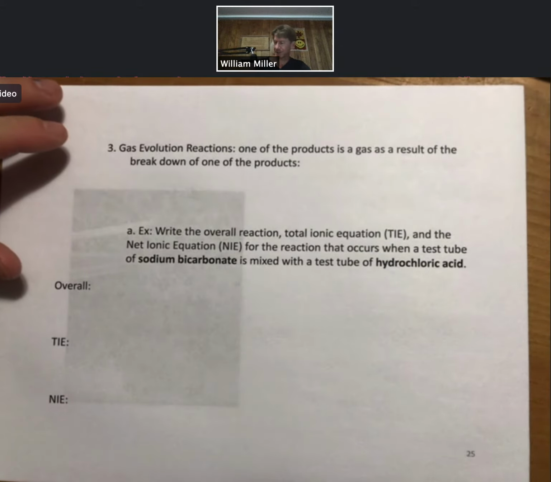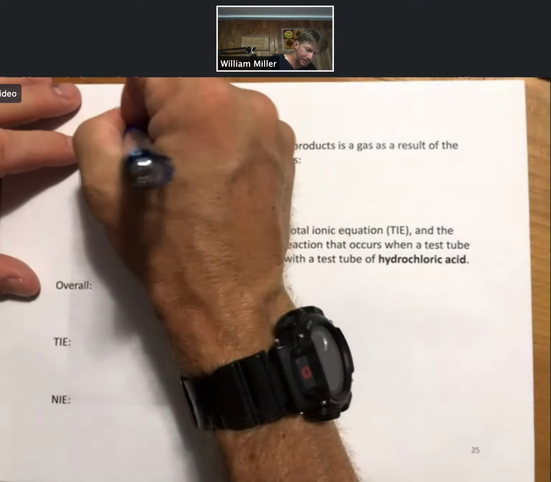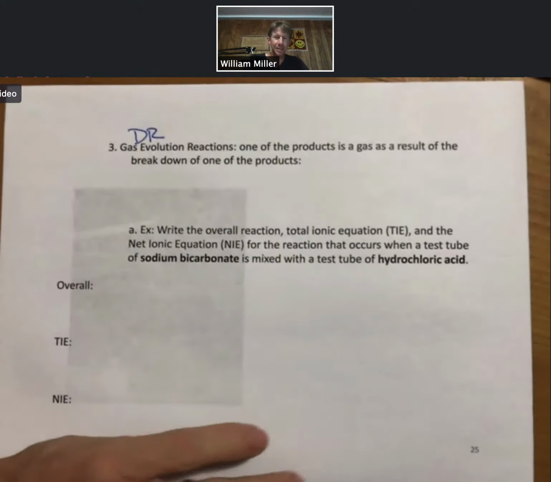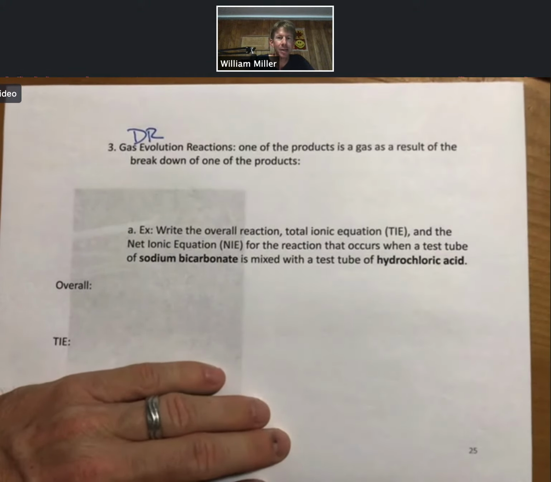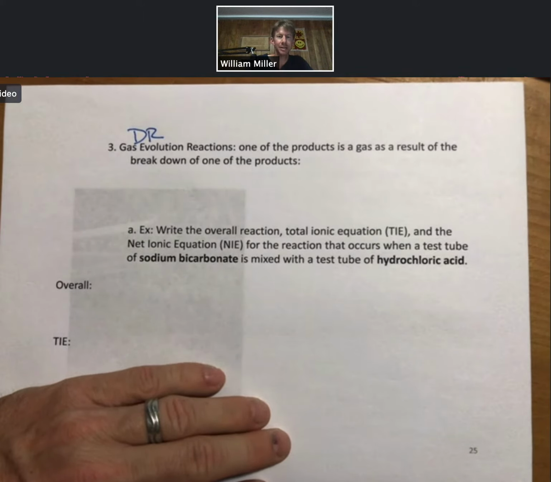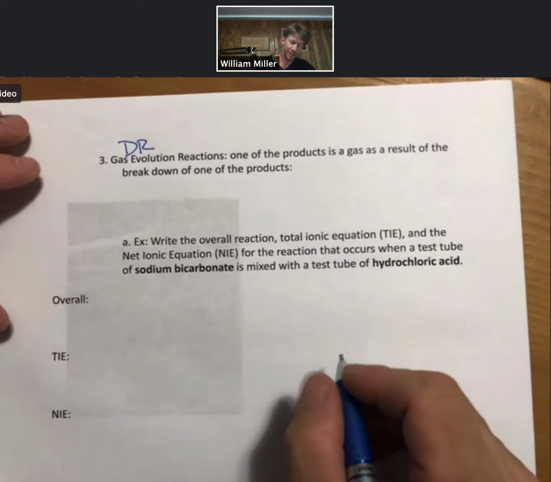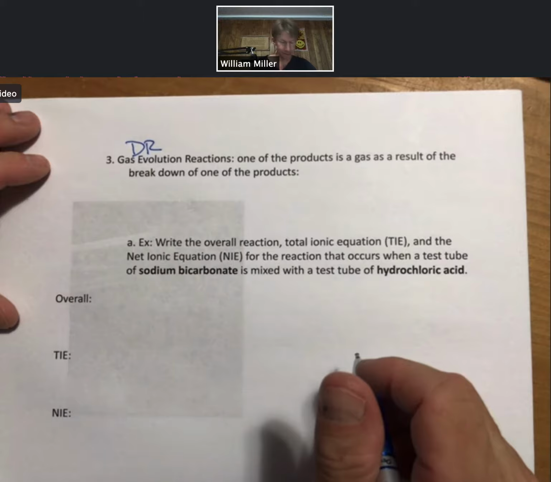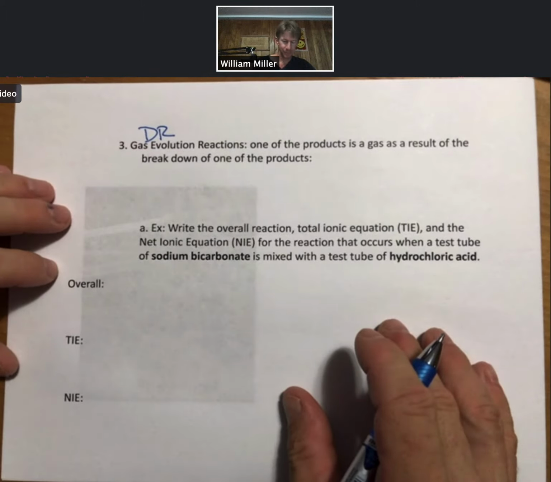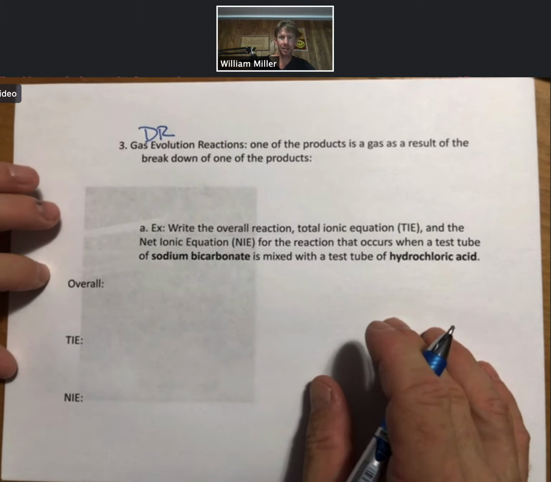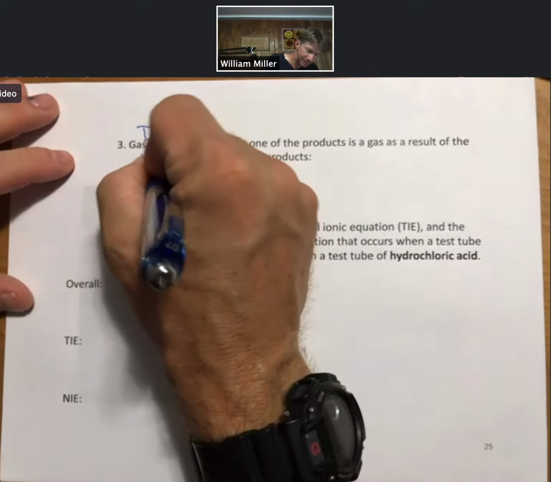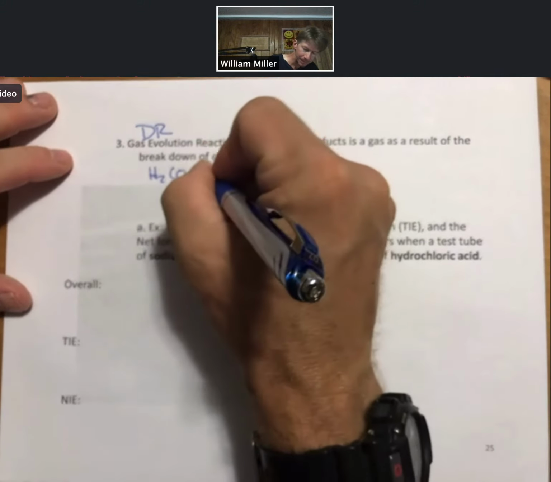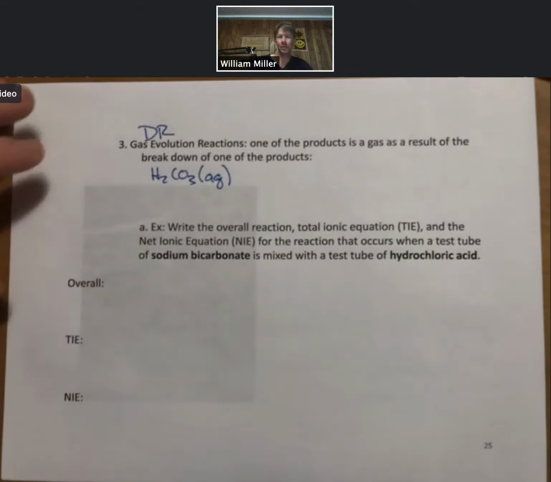Gas evolution reactions. These are the third double replacement type of reaction. One of the products is a gas as a result of the breakdown of one of the products. Let me give you two examples of how this happens. When you write an overall reaction, sometimes one of the products will be carbonic acid. That is a weak acid.